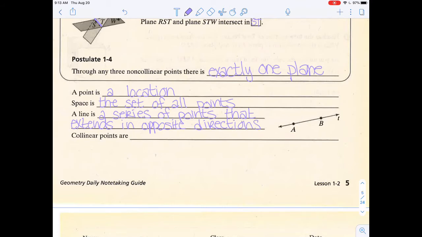And then collinear points are points that lie on the same line. So like in this little picture over here, points A and B are collinear because they're on the same line.